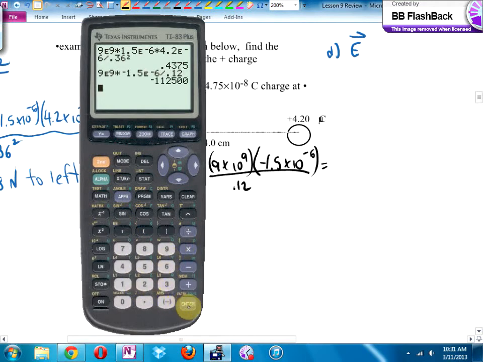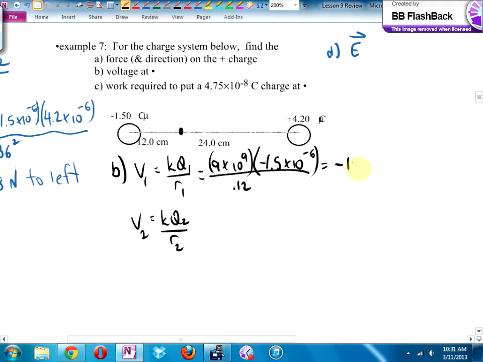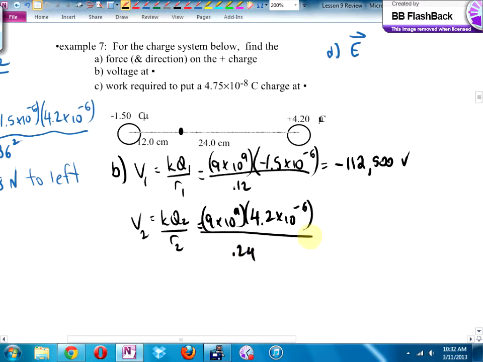And I get negative 112,500 volts. Voltage 2. 9 times 10 to the 9th, positive 4.2 times 10 to the negative 6th, all divided by 0.24.